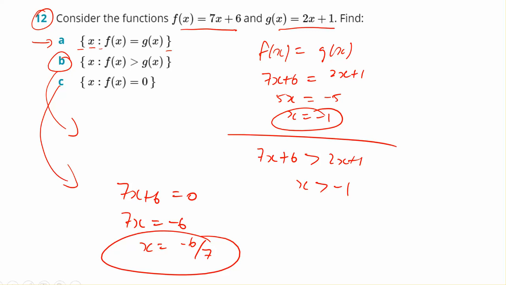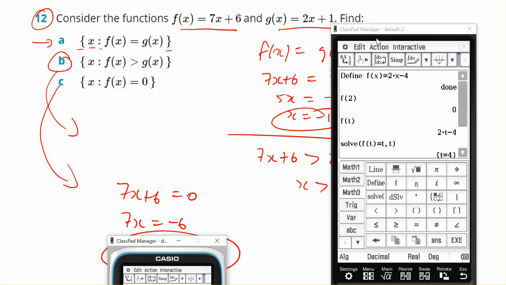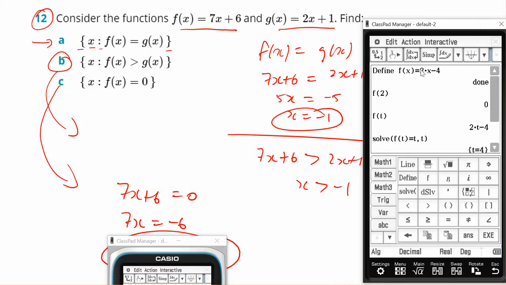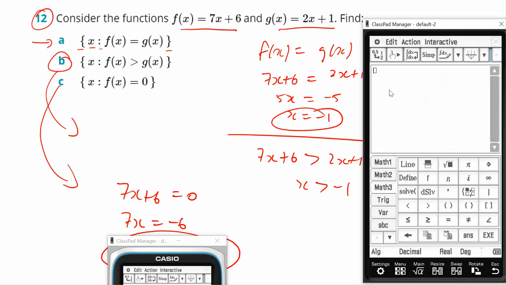Now, if I wanted to do this on the CAS, remember how you can define functions? You can do the same thing. So if I define f of x, we'll start with a clean slate. I'm going to type in my f of x, 7x plus 6.